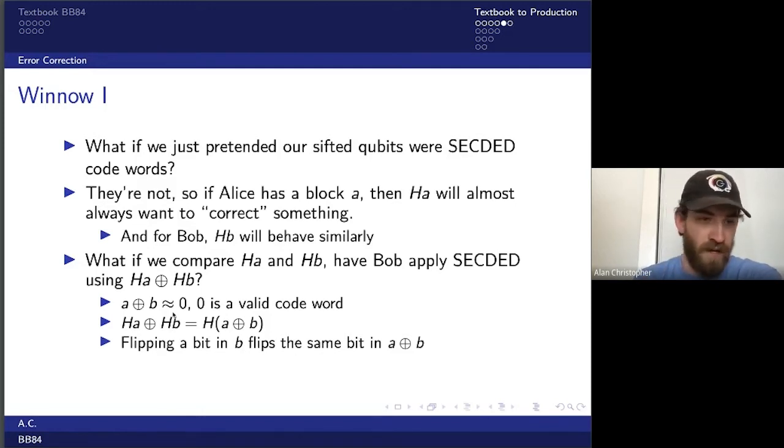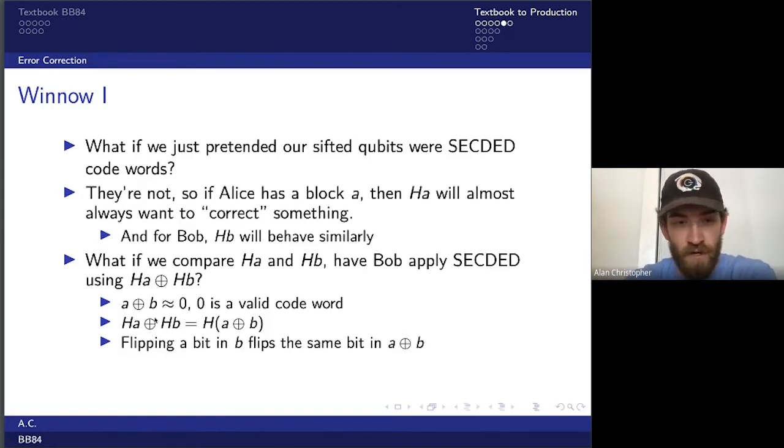Obviously, if you try to treat this as like a 2's complement number, it could be very large if you just have one bit flip in a higher order bit. And we'll note also that 0 is a valid code word. So if we do correction on A XOR B, it's going to tend to want to correct toward this 0 code word, which corresponds to A and B being equal. So that's good.